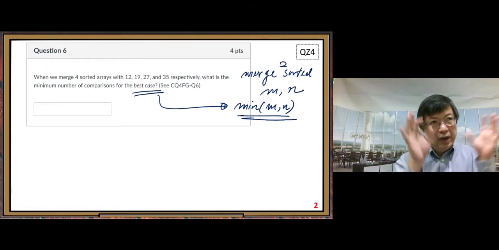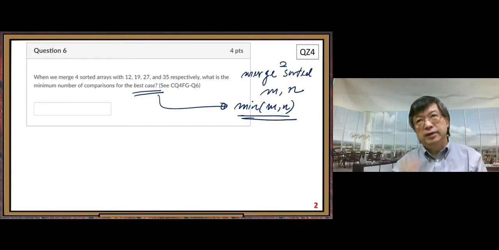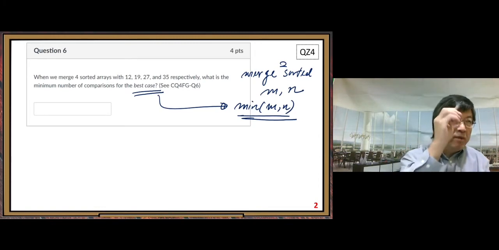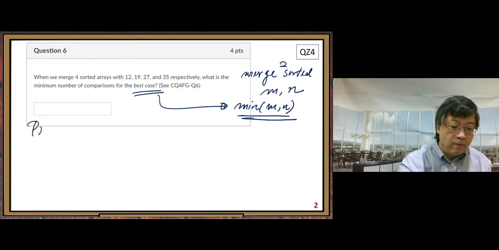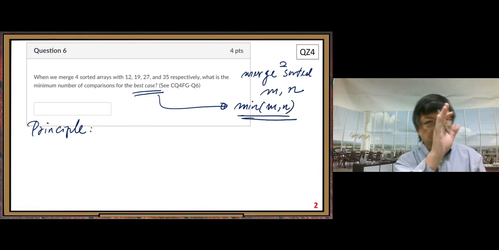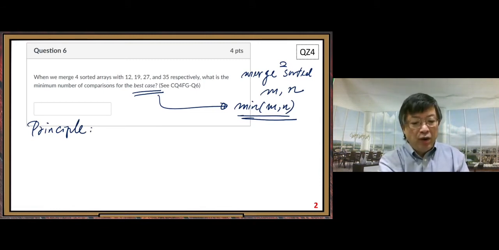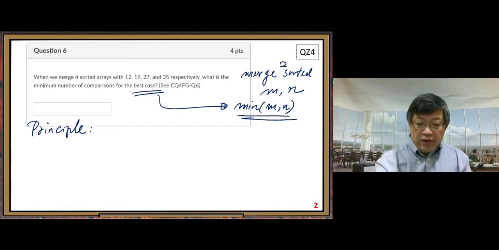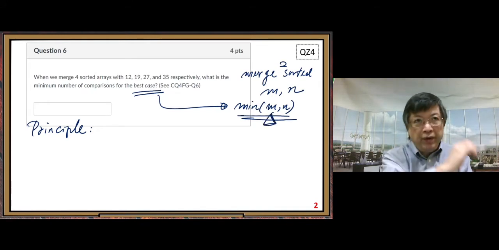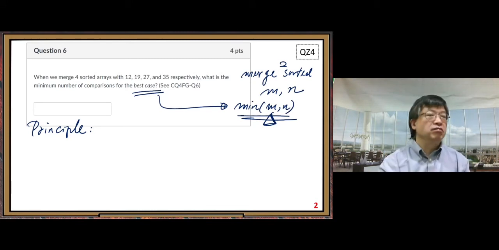When we try some experiments, we want to use a basic principle to help us reduce the number of cases to consider. The principle is that the small sizes are more important in the final answer.